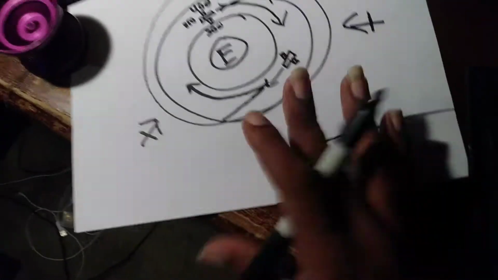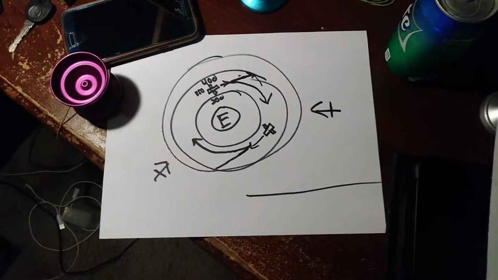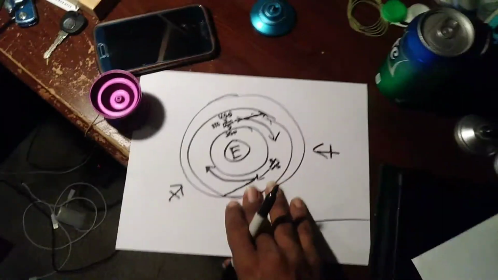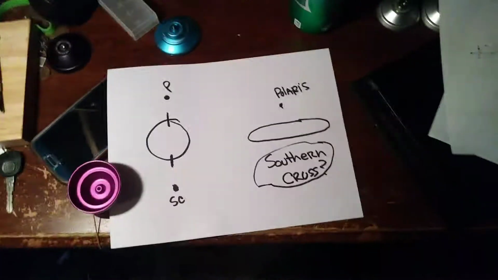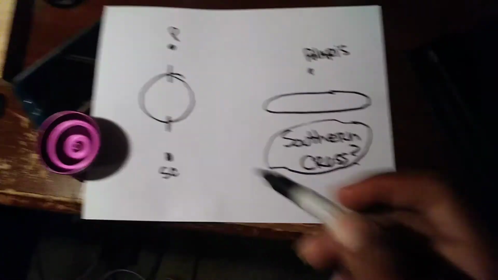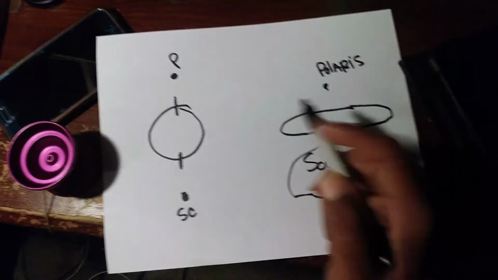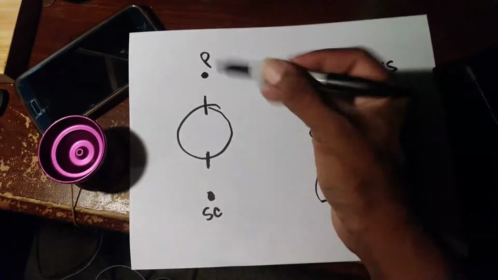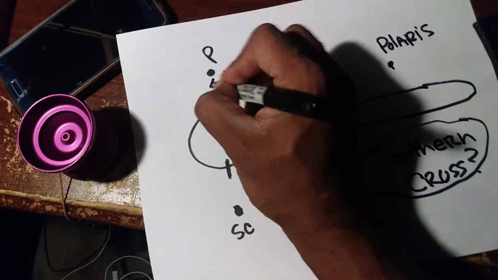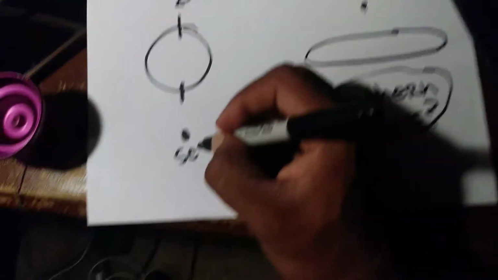There was something else I wanted to say too. I have a question for you. This is the earth. Here's the globe. Here's the flat earth. Here's Polaris. We all know stars rotate around it. Here's the Southern Cross.